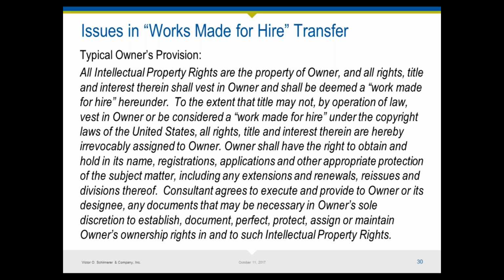Often transactional attorneys do not understand the copyright law, so they try to cover all their bases by stating that the documents are work made for hire, but because they're not sure and the law is not clear that the documents could qualify as works made for hire, they try to cover it by saying, okay, and if they are not, we still want the exclusive right to those documents.